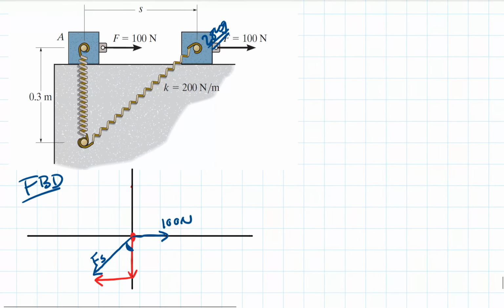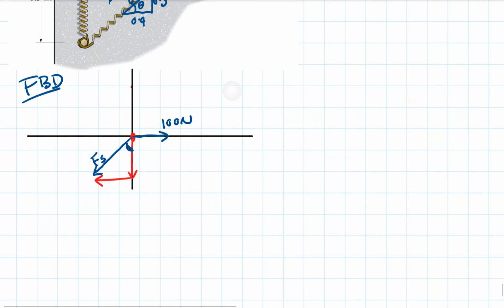So here we have this triangle: remember, 0.3, 0.4, 0.5. If we flip this, 0.4, 0.3, 0.5, this will be our angle theta.